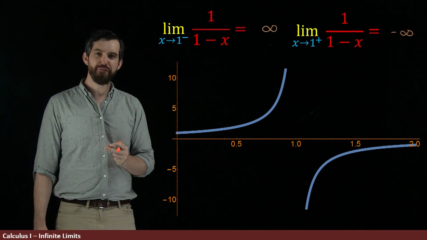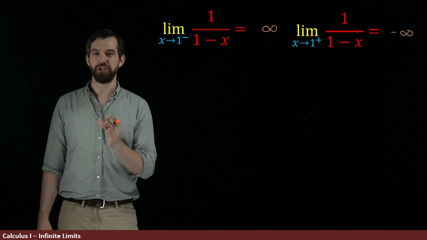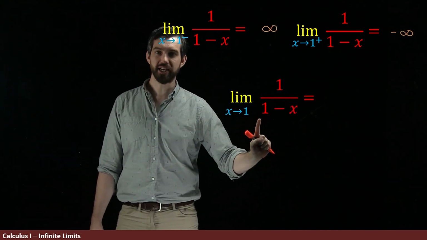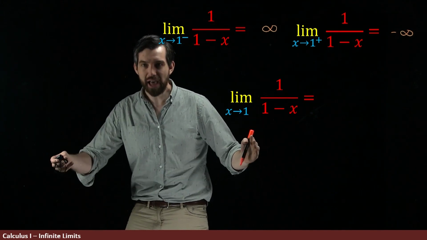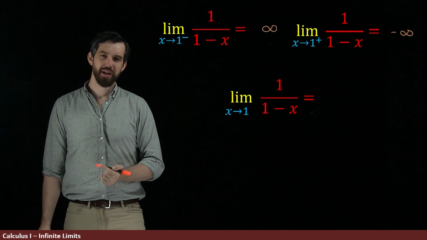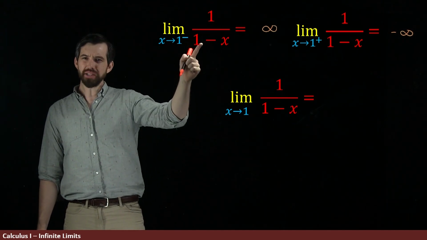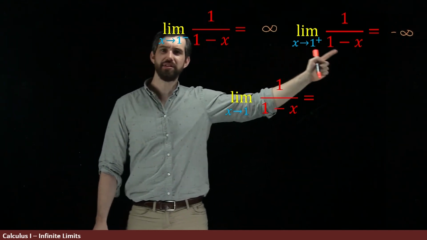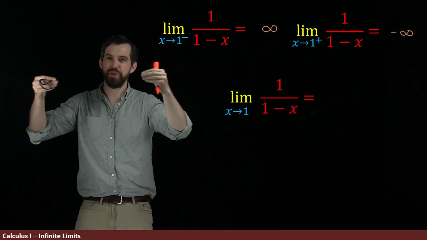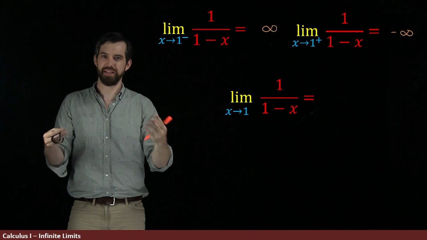And then if I want to try to figure out what happens to the two-sided limit, the one where I don't put any exponent, and what I mean is from the left and from the right, both sides put together, well, on the one side, it's positive infinity. On the other side, it's minus infinity. So they're different things. It's not the case that when you come from the left and from the right that you get the same result.